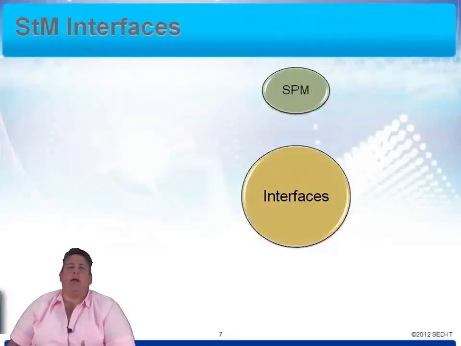The interfaces to strategy management are many. I don't think there's a process within the service lifecycle that would not have some sort of relationship with strategy. What we'll discuss here are the main interfaces as we look at how strategy management will interact with other processes.